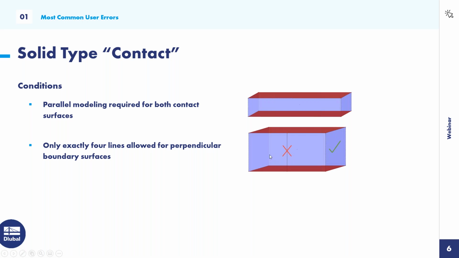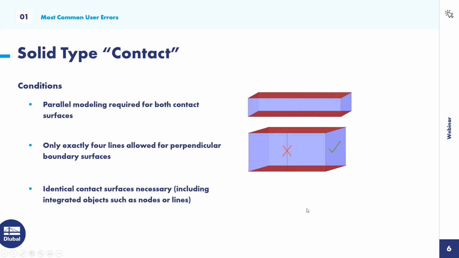This one is correct, and this one is not correct. The line and the nodes are too much here. And identical contact surfaces are necessary, including integrated objects such as nodes or lines. What I mean with that point, I will show you now.